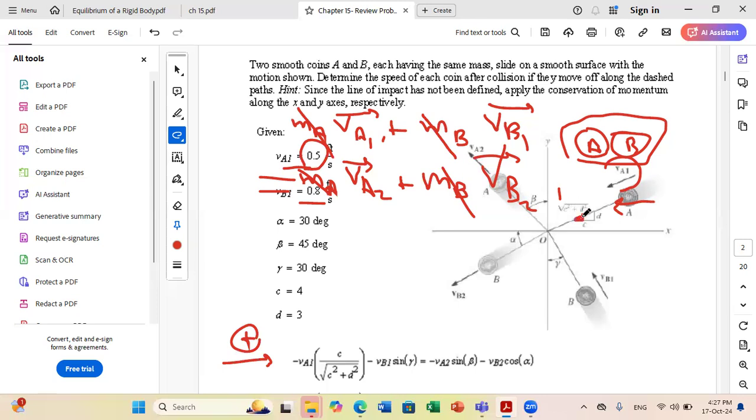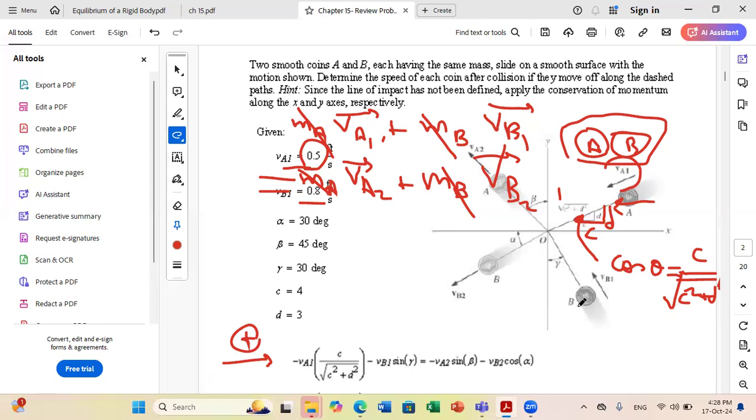Here they didn't give you the angle directly, but they gave you this triangle, with sides C and D. If I call this angle theta, cosine of theta is C over radical C square plus D square. So when you project VA1, it's minus VA1 times C over radical C square plus D square.